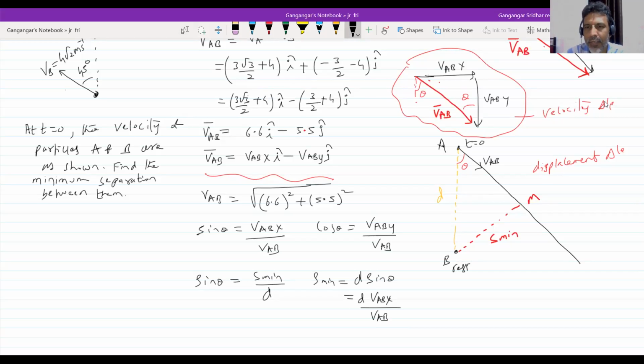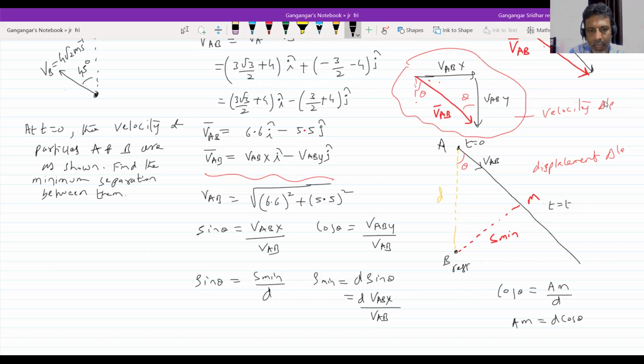the particle A with a velocity VAB will be here, and after some time it will be here. This time is needed. So what is the formula now? VAB is equal to AM by T. Do we know VAB? Yes. But we don't know AM. How to bring AM? Cos theta is equal to AM by D, no? So AM is equal to D cos theta.